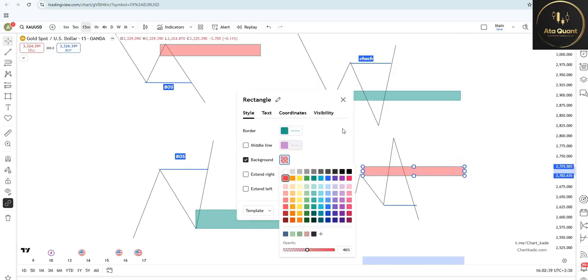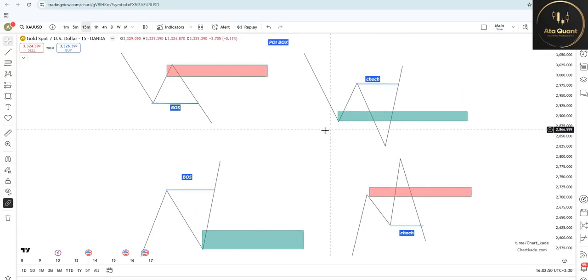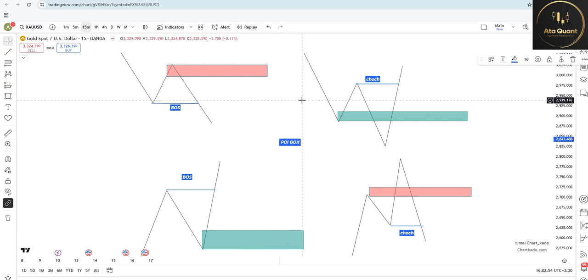Whether you're in a change of character move or a break of structure move, you need to be able to accurately identify these crucial points. And the fundamental purpose of utilizing the specialized POI Box tool, which is a powerful indicator available on TradingView, is so that you can use it to identify these zones.